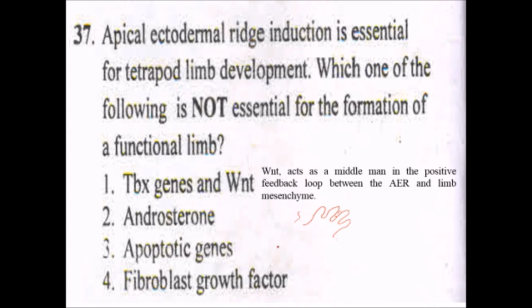Okay, and the fibroblast growth factor, I have discussed FGF10, which was the fibroblast growth factor. So the option in this question which is not essential for the formation of a functional limb will be androsterone. Hope you have understood it.